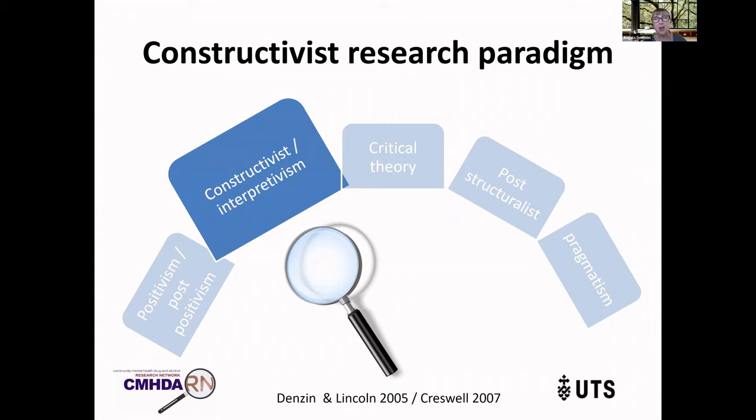So let's go to the silly example of my dog. So what we might do is we might have a question such as, well, why does a dog have a tail? And we would design a naturalistic ethnographic study with immersion in the field to study the social meaning that dogs give to the way in which their tail is used. So we might go out into the bush and we might sit with a pack of dingoes.